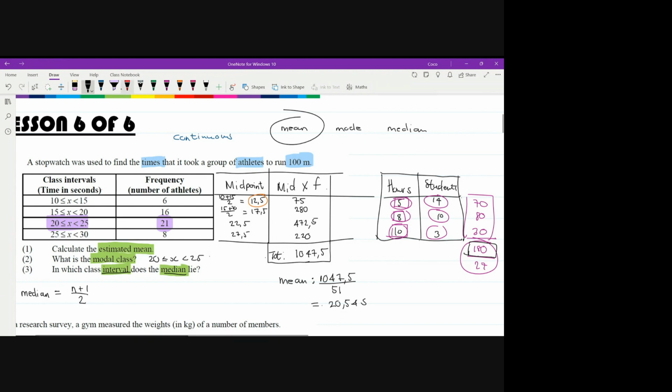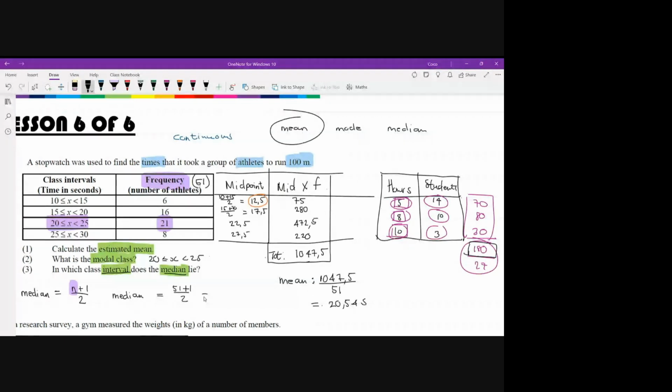Now, this n is the number of frequency values. We've calculated that there are 51 athletes that have been timed, so n is going to be 51. So median equals 51 plus 1 over 2.